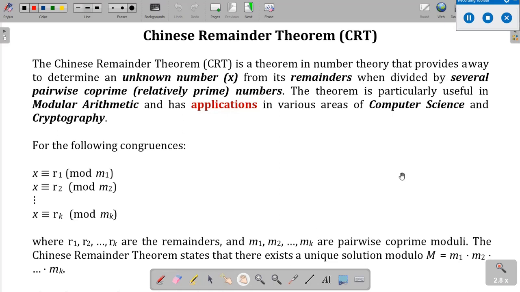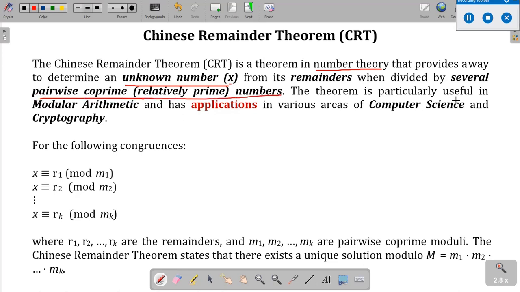Hello guys, in this video we will discuss the Chinese remainder theorem. The Chinese remainder theorem, in short form CRT, is a theorem in number theory that provides a way to determine an unknown number x from its remainders when divided by several pairwise co-prime numbers.